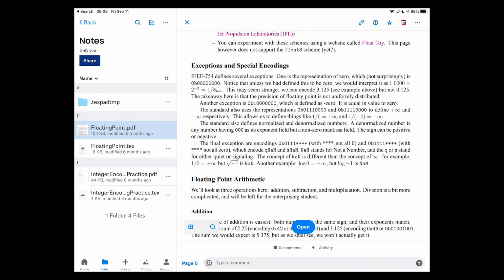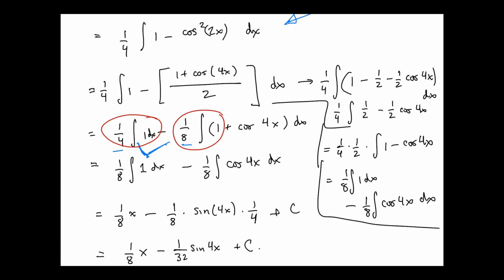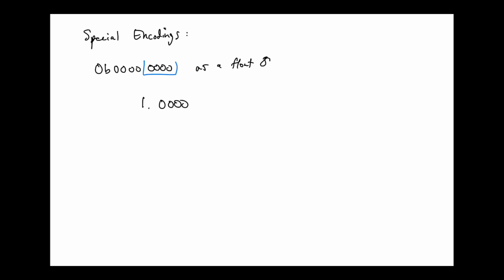Okay, so let me go over to the notes and the scribble thing and write this down. So, special encodings. If you had this, you might interpret it as 1.0000. How do I know it's all zeros there? Because that's the mantissa field. And then times 2 to the exponent.